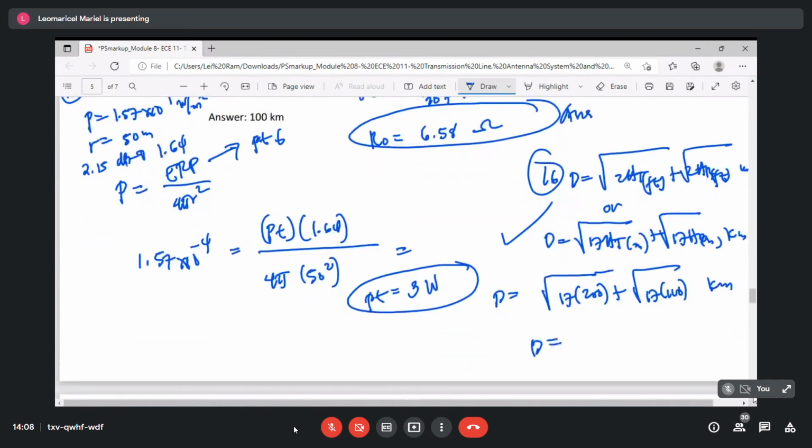Ilan? Ang radio horizon distance mo. 100 daw sagot. Ilan? 101 kilometer or roughly 100 kilometers ang maabot. Okay? Susundan. Ayan.